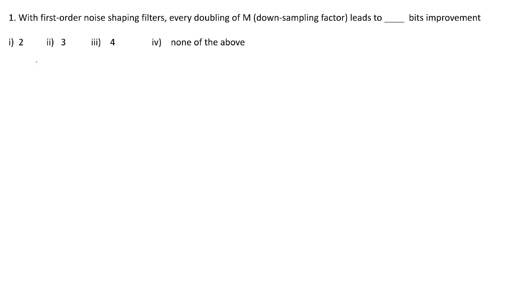So let me write here the first important thing: the goal of a first order noise shaping filter is to make the noise colored and to remove the low frequency content of it.